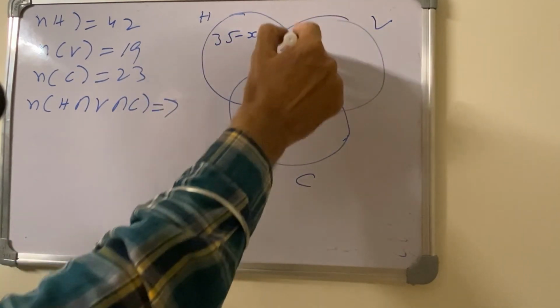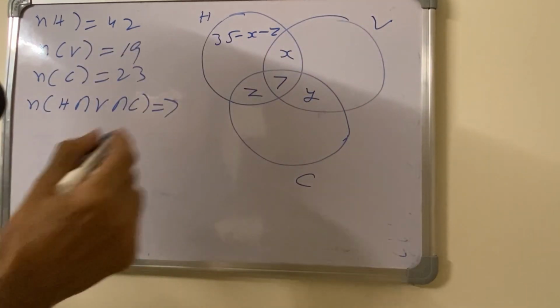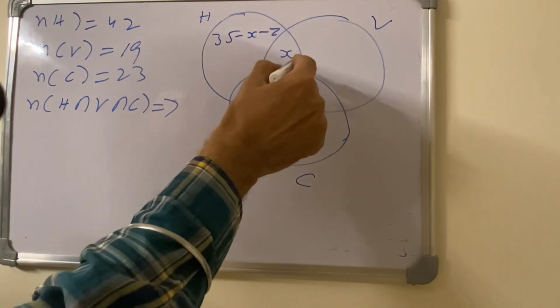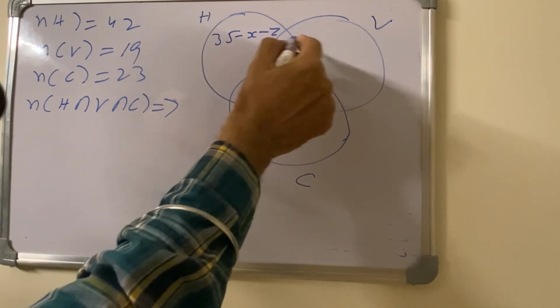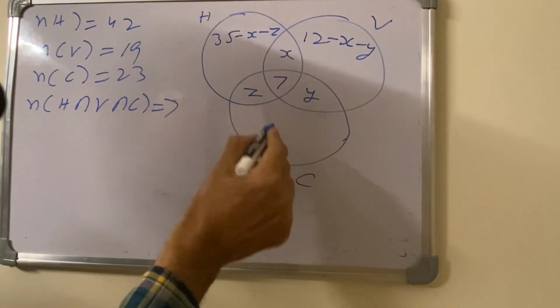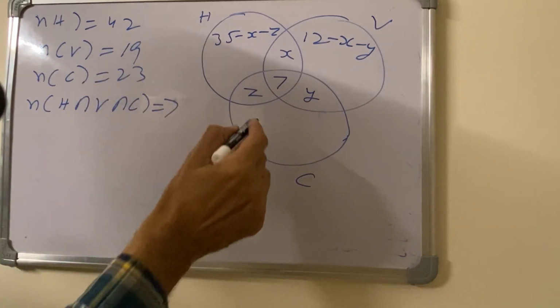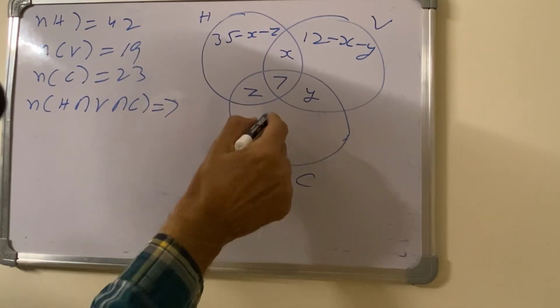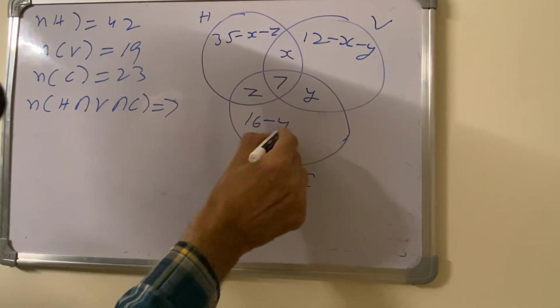Similarly, only volleyball will be 19 minus x minus y minus 7, that is 12 minus x minus y. Similarly, total cricket is 23, and only cricket will be 16 minus y minus z.